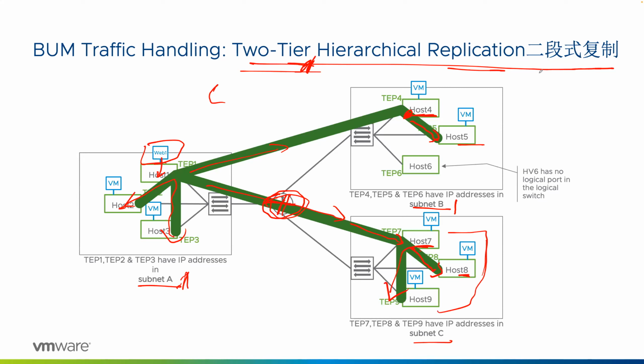That's the 2-tier replication for broadcast and multicast, or for BUM traffic handling. The most optimized one is this kind of 2-tier hierarchical replication.